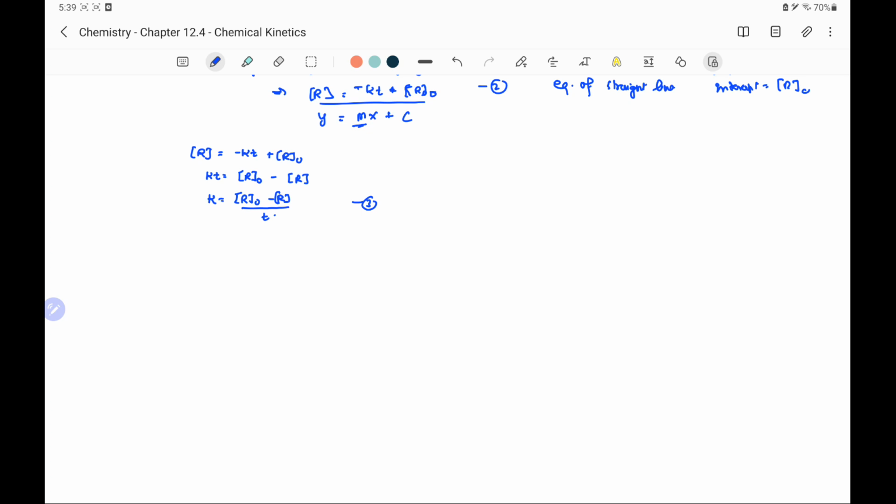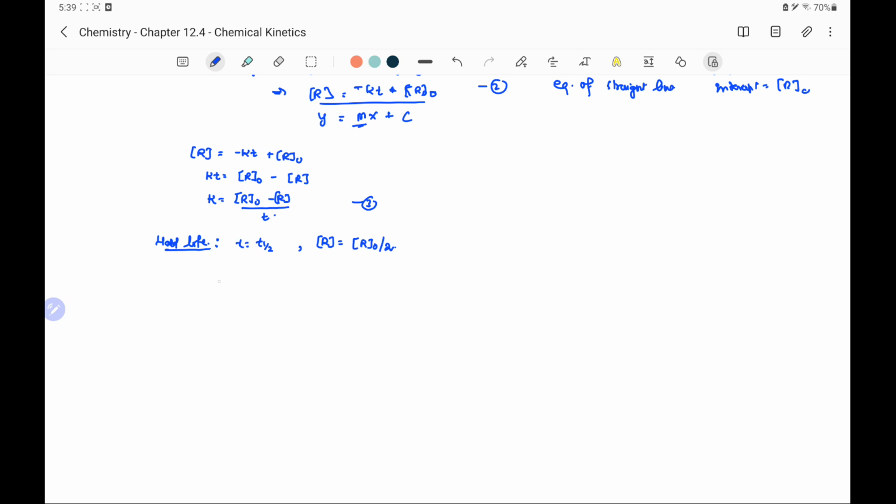Using this third equation, we can find the half life of the reactant. That means the time in which the amount of the reactant decays by 50% is called the half life. That means for t equal to t1/2, the half life, the concentration of the reactant will become half of the initial concentration.